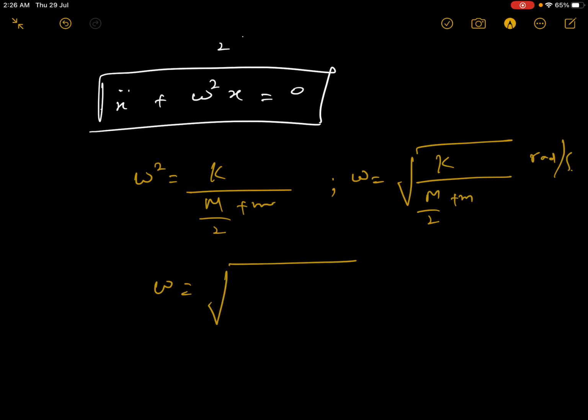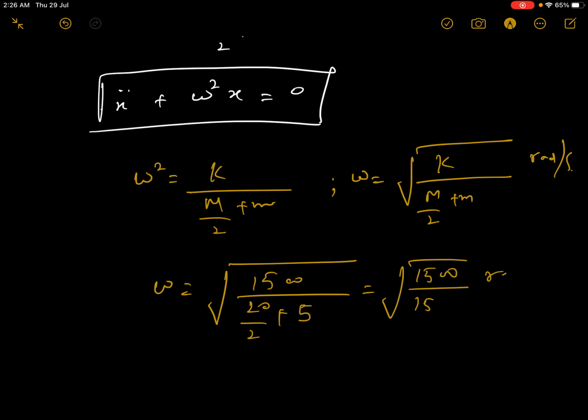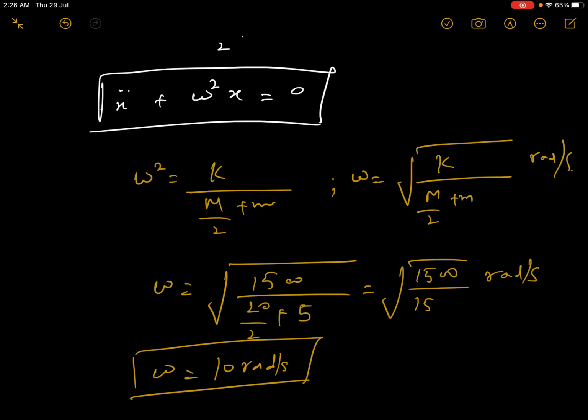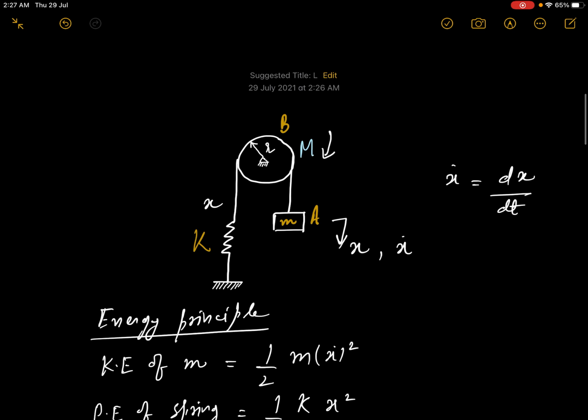We'll get omega equals square root of 1500 upon 20 by 2 plus 5 kg, so it will be 1500 upon 15 radians per second. That we will get as 10 radians per second. So this is the natural frequency of the system.